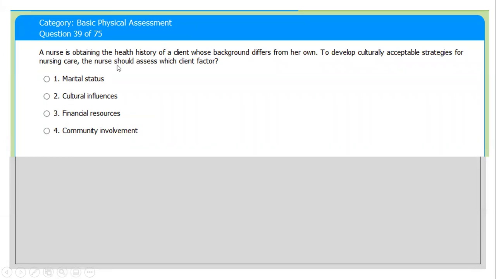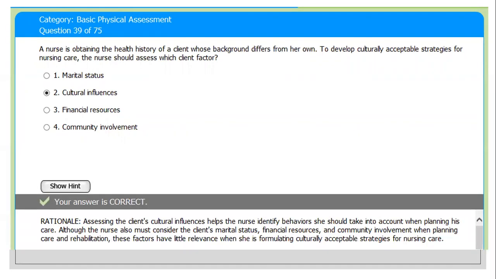The nurse should assess which client factors: marital, cultural, financial, or community involvement? We will take all of the history, but which one is the priority? Cultural influence.